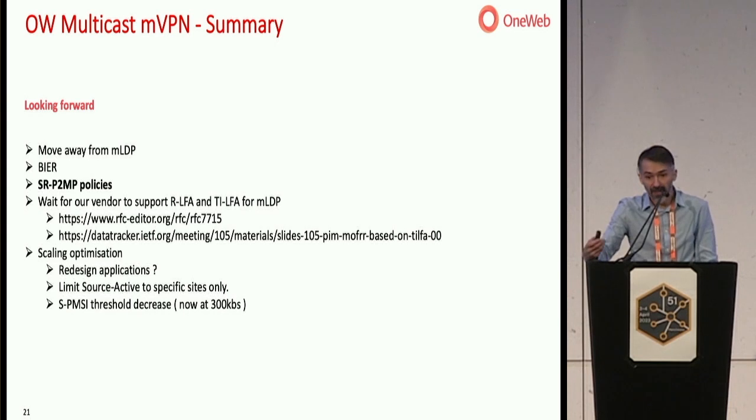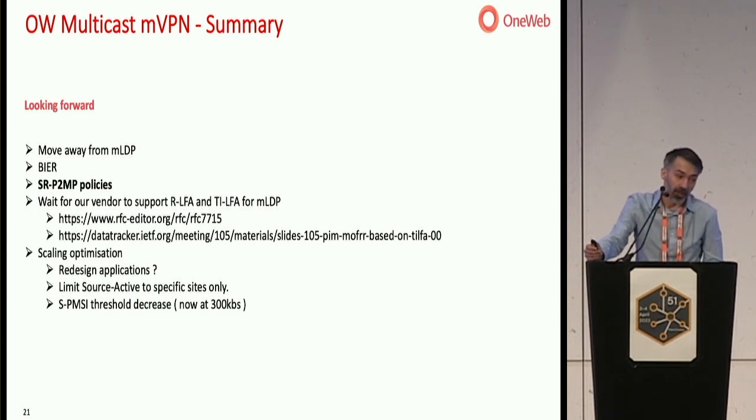Segment routing, because we have segment routing for unicast, we have segment routing for traffic engineering, so it makes sense for us to look at SR point-to-multipoint policies. In the meantime, we are looking for our vendors to support remote LFA or TI-LFA for MLDP, which, to be honest, is a long way off. Some of the drafts are there, but I don't think the implementation will be there.